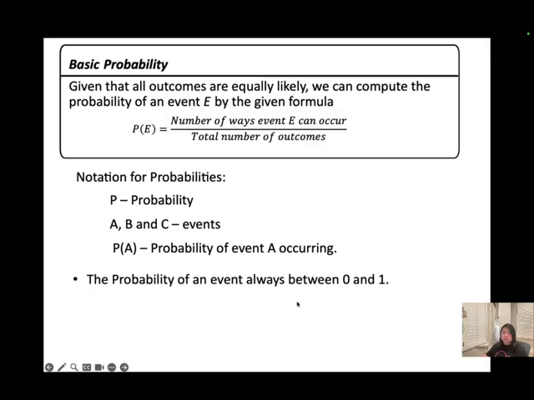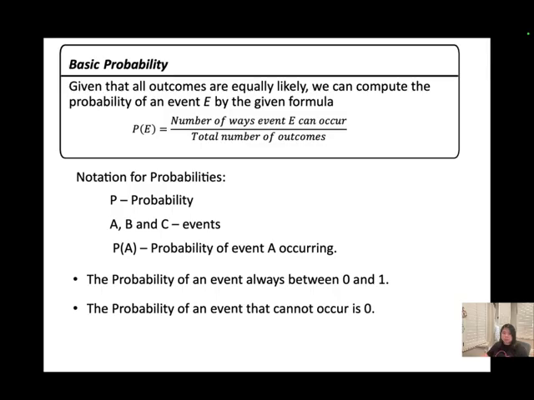The probability of an event is always between 0 and 1. This is very important. Keep in mind, when you calculate a probability, it has to be between 0 and 1. If you find a negative number or a probability greater than 1, that means you made a mistake.